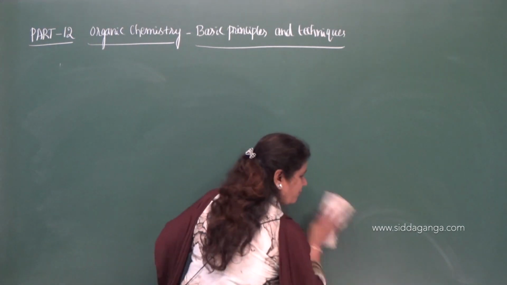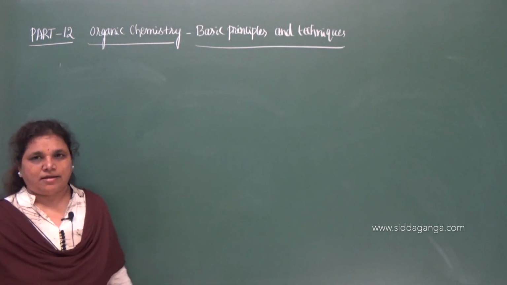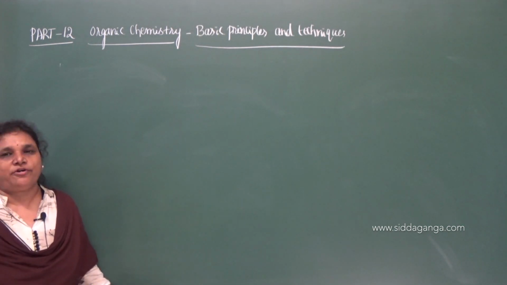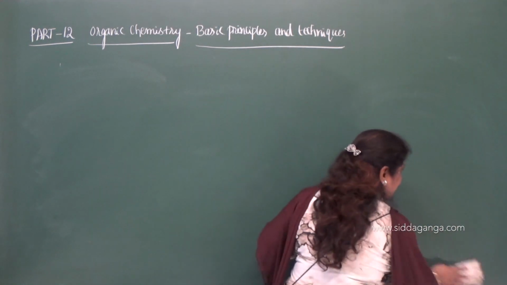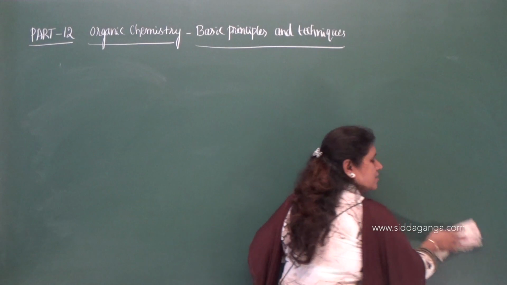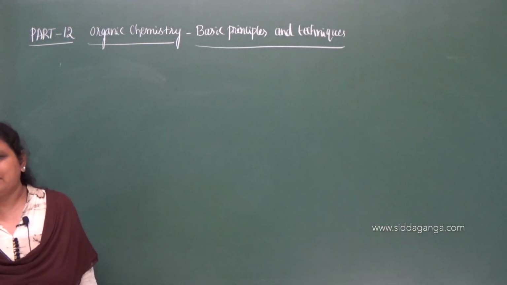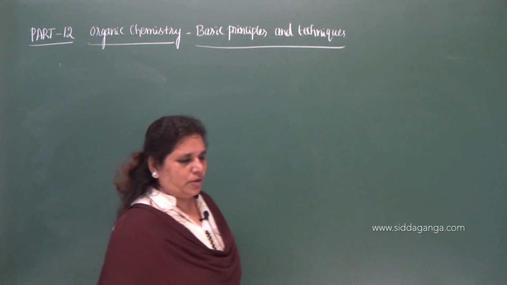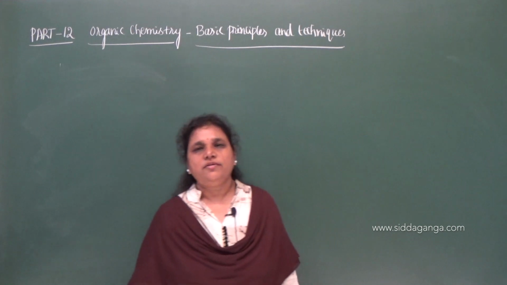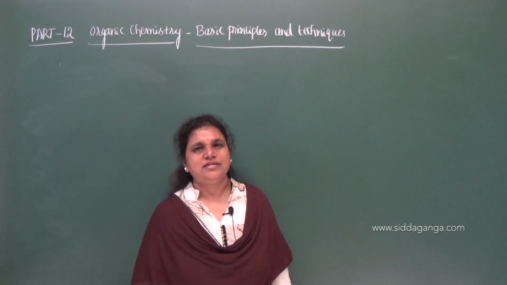What are homologous series? Give an example. You need to give one example for homologous series. What are the characteristic properties of homologous series? That is also for 2 marks. Minimum 2 to 3 characteristic properties you have to remember. It may also ask, what are homologous series? Give the characteristic properties of homologous series, and that question carries 4 marks.